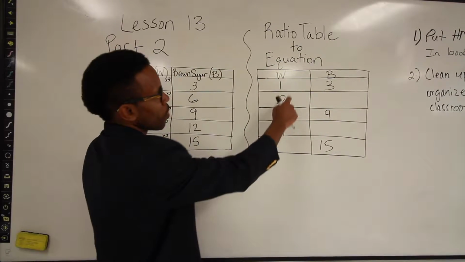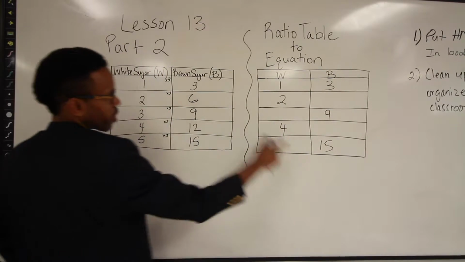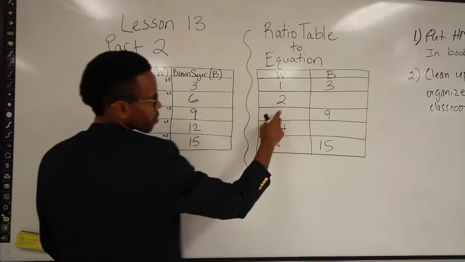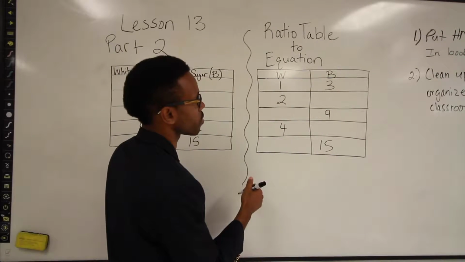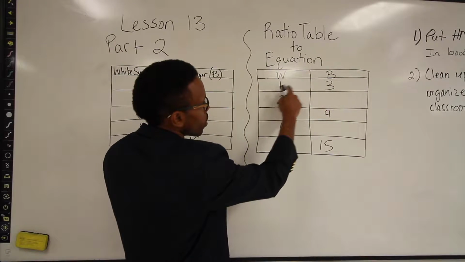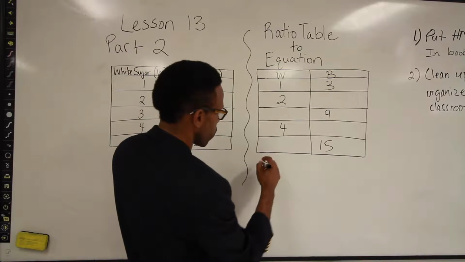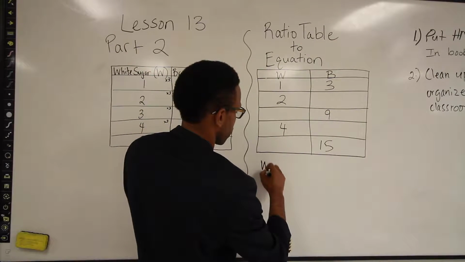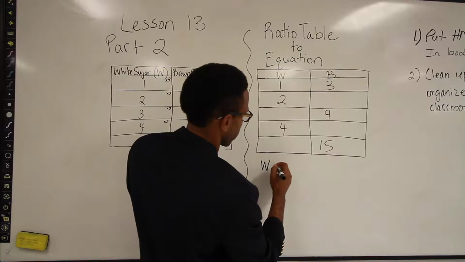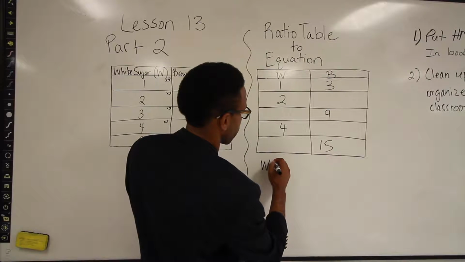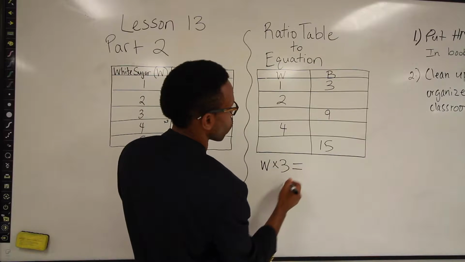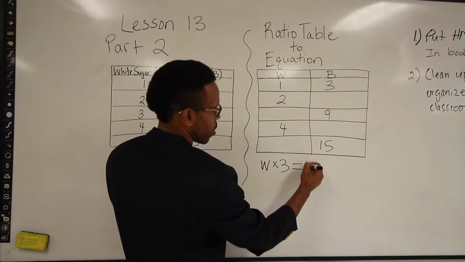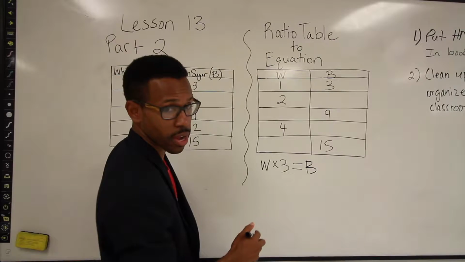This is the same table that we have here. I just took out some of the numbers so we can put the equation that we come up with to the test. We have 1 to 3. So I know what W is, and if I multiply it times 3, that will equal B, my cups of brown sugar.